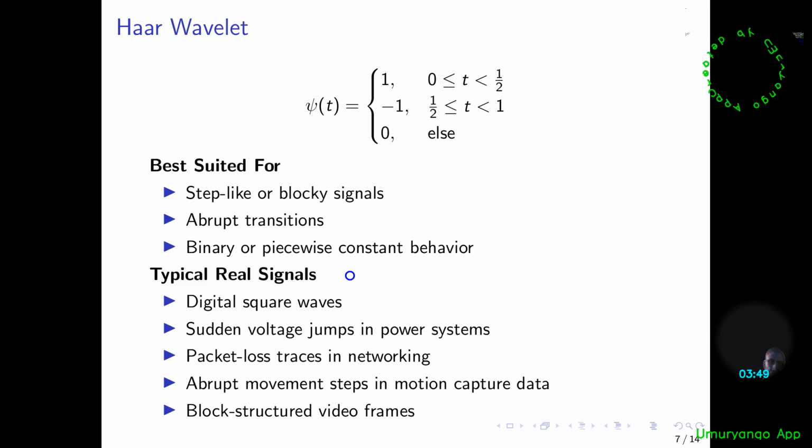Typical real signals we can analyze with Haar wavelets are, for example, digital square waves, sudden voltage jumps in power systems, for example in industry, packet loss traces in networking, abrupt movement steps in motion capture data, and block-structured video frames.